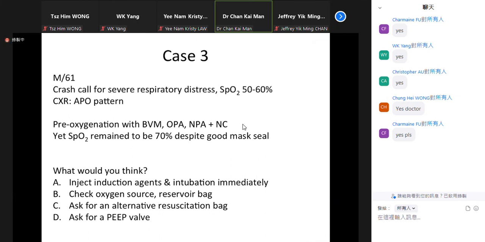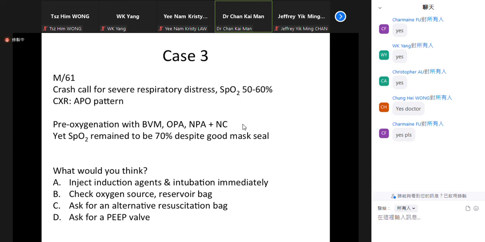So case 3 is a 61 year old man, and we received a crash call for severe respiratory distress, and his saturation was about 50 to 60, and the chest X-ray showed an APO pattern. So the on-call doctor went to attend the patient and prepared for intubation in the ward.